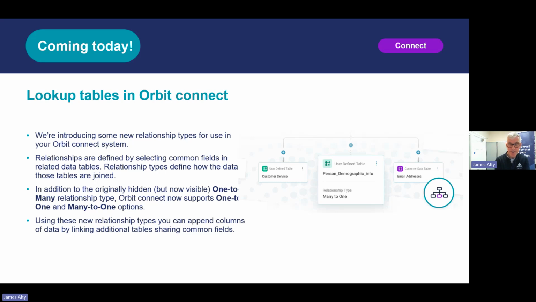The key structure already supported is one-to-many, which is now actually displayed, but you now also have the ability to do one-to-one and many-to-one relationships. So that allows you to build more powerful Apteco data models in Orbit Connect, allowing more people to use a pure web end-to-end solution with the Orbit platform.